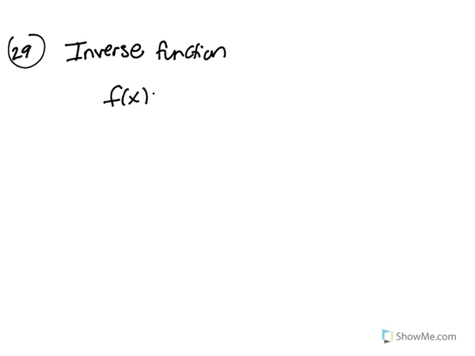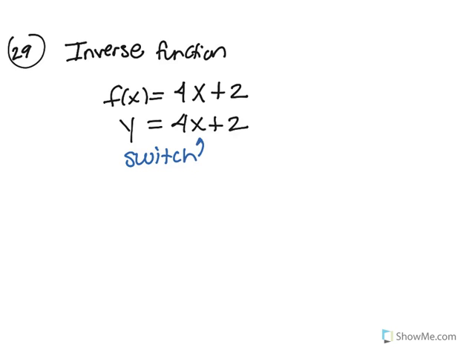Number 29 says find the inverse function of 4x plus 2. So if you remember, we know f of x just means y. And in order to find the inverse, you're going to switch places with x and y.